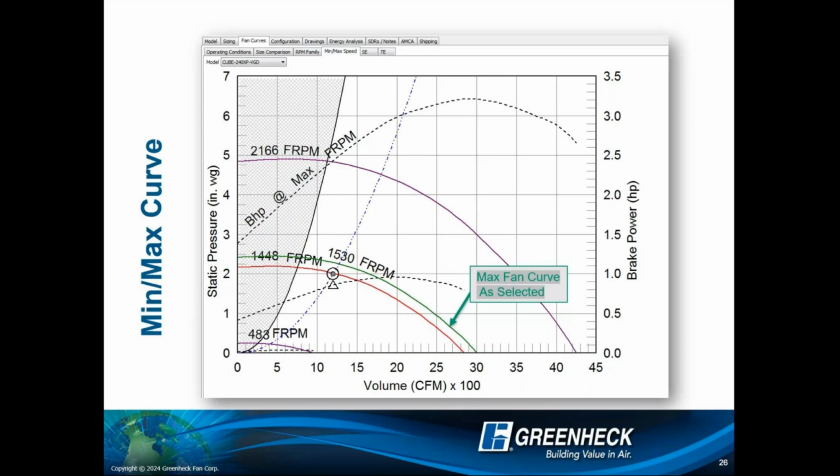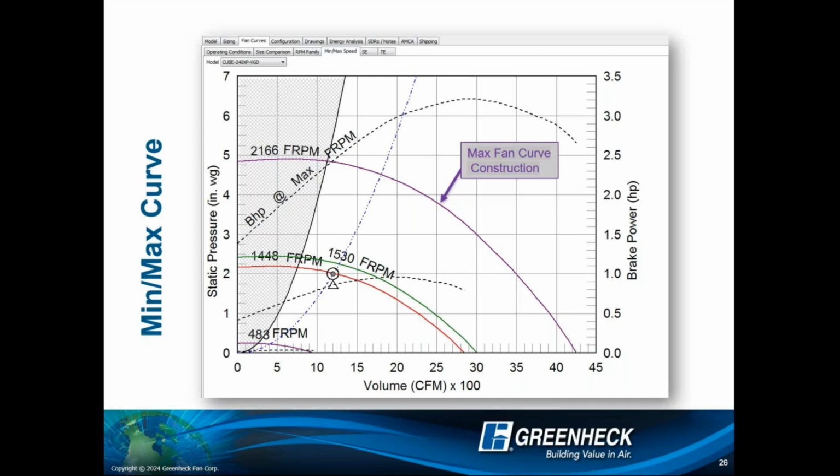But notice there's a couple extra curves here. There's this bottom purple curve, which is a min, and a top purple curve, which is max fan curve as selected. All right, so minimum, that's kind of a gray area. That's us kind of giving you an idea. A typical turn down on most fans is going to be, say, down to 15 hertz or a 75% turn down.